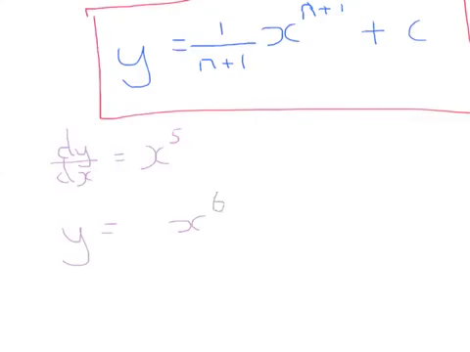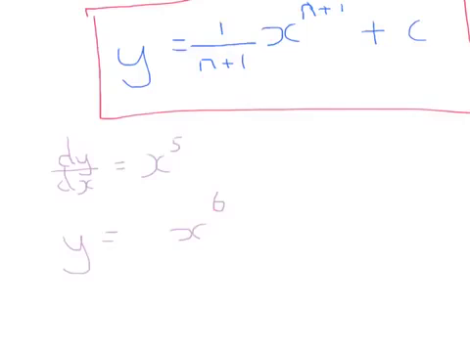Now, whatever that n plus 1 is, we multiply our coefficient by 1 over that n plus 1. In this case, the n plus 1 is 6, so the number in front of the x is just 1 over 6. So it's 1 over 6 x to the power of 6. And that would be the integral, not forgetting, obviously, I guarantee you'll forget it at some point, that we've got to do a plus c, a constant of integration that comes at the end of it.